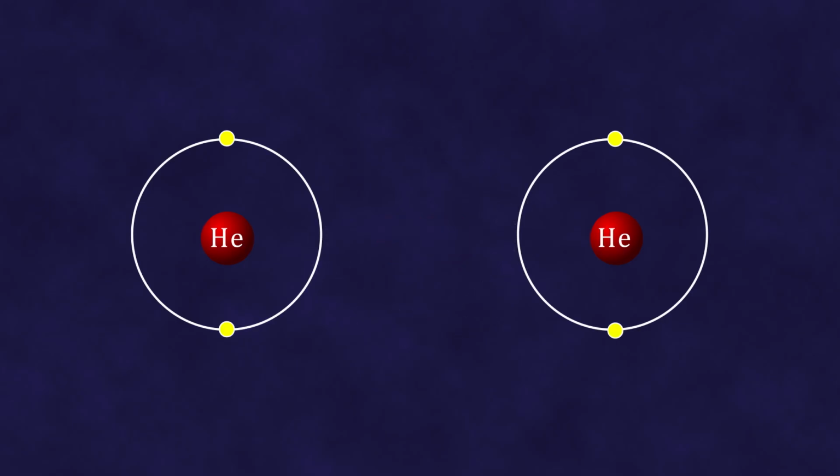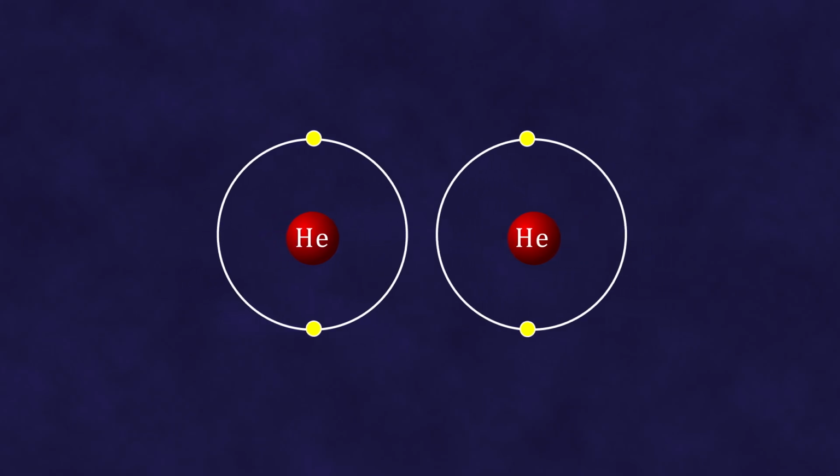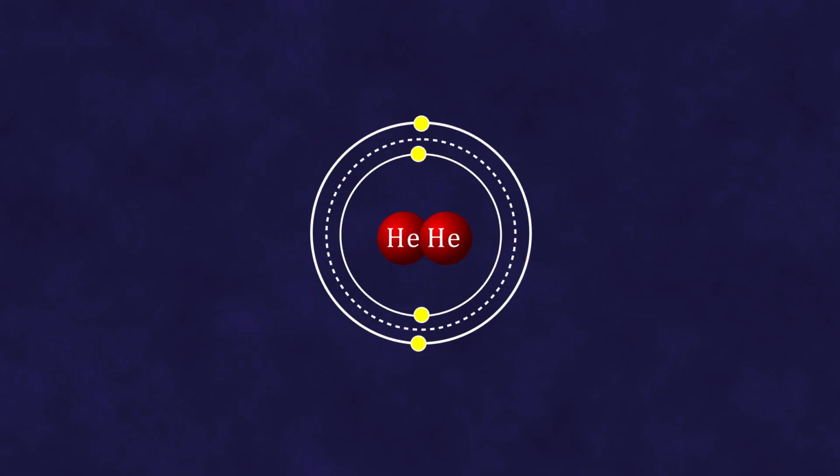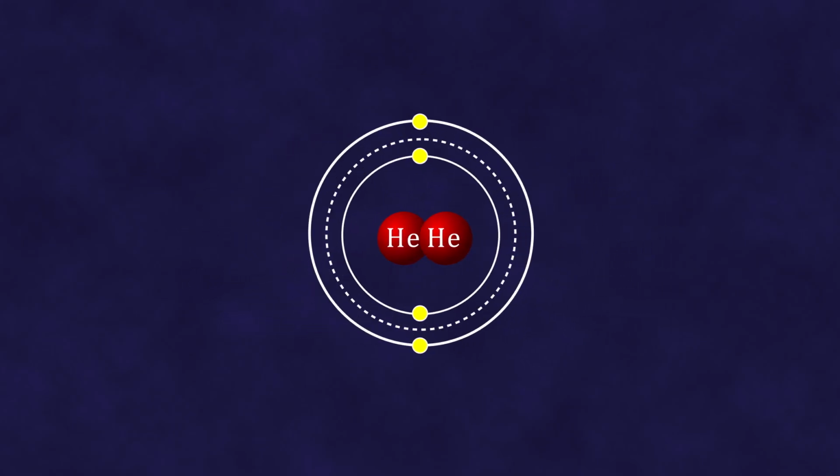But for helium, the next element in the Mendeleev table, there are already 2 electrons, and for 2 atoms, their total becomes 4. According to the Pauli principle, only 2 electrons with oppositely directed spins can occupy one orbital. Therefore, all the electrons of a hypothetical helium molecule would not fit on the lower energy level. 2 of them would have to move to the higher molecular orbital with greater energy than the original atomic energy levels in the separate atoms.